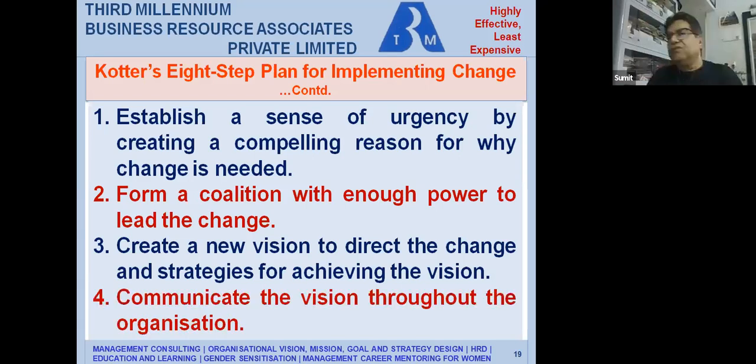The fourth point in his model is the ability to communicate the vision throughout the organization. Remember, everybody is important, since we are all part of ISTD. This is also the concept of total quality management.